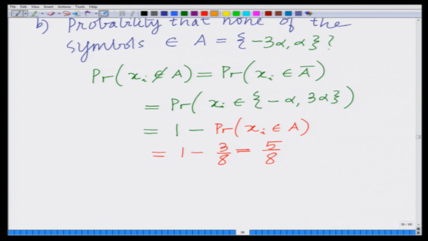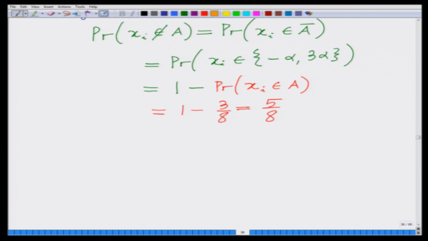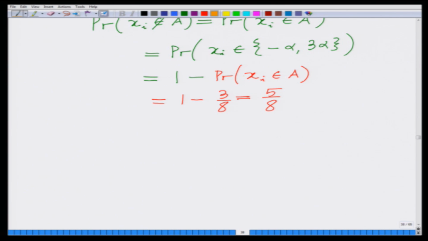Now we are asking the question, what is the probability that all of these x1, x2 up to x10, that is none of them belong to A, which means all of them belong to A complement.